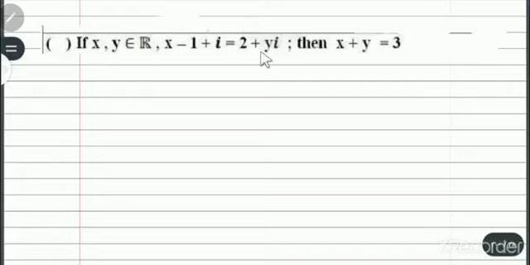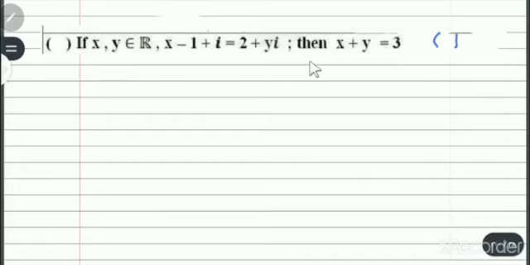Question number one says: if x and y belong to R and x - 1 + i equals 2 + yi, then x + y equals 3, true or false? So what are we going to do in this problem?